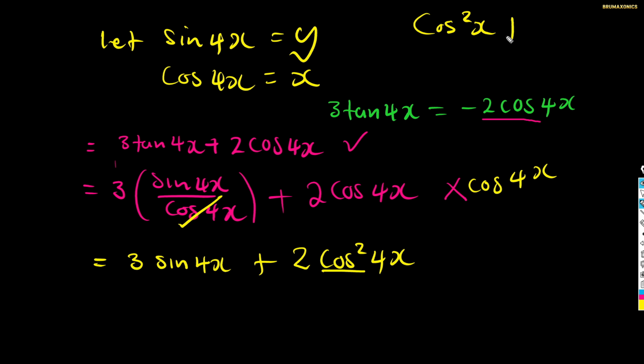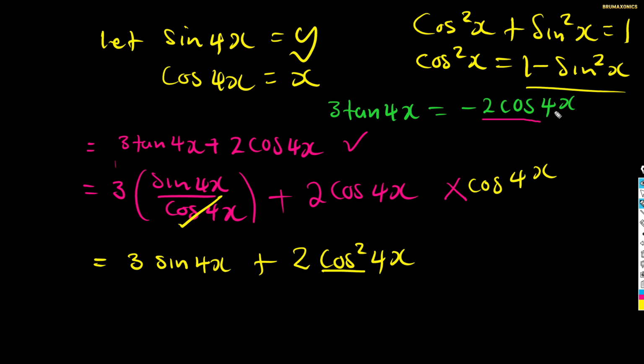Cos squared x plus sine squared x is equals to 1, and that means that cos squared x is equals to 1 minus sine squared x. Remember this, right? Simple as A, B, C, D.